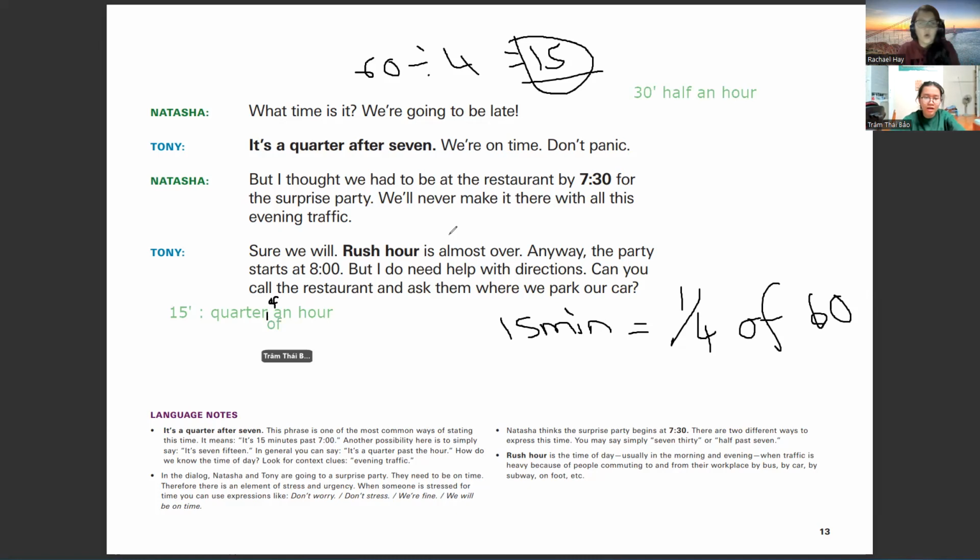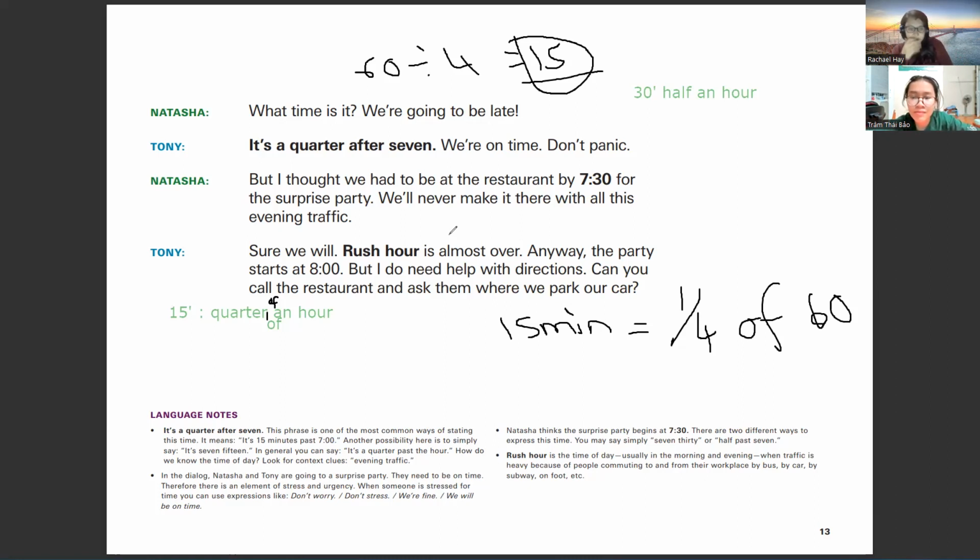So if you want to say to somebody, you have to run from one side of the school to the other side of the school in 15 minutes, you can say you must run from one side of the school to the other side of the school in quarter of an hour. That will mean the same thing as 15 minutes.